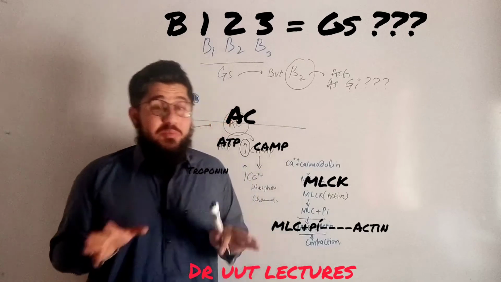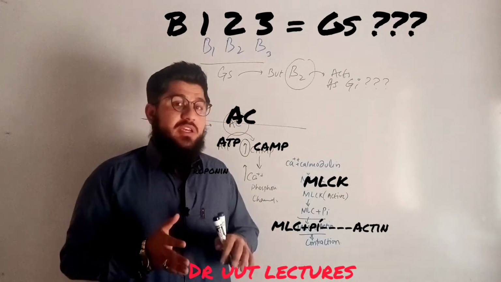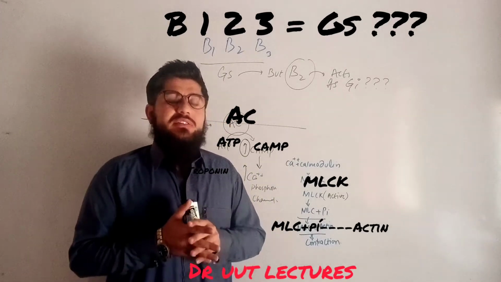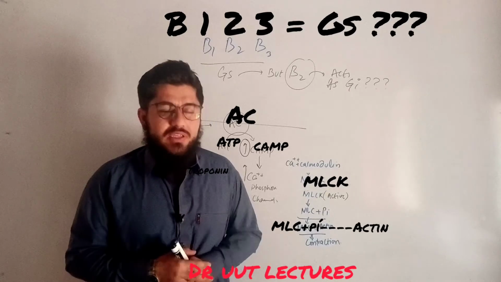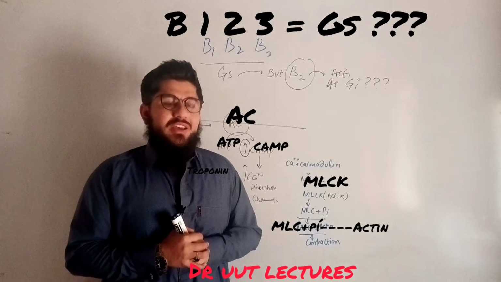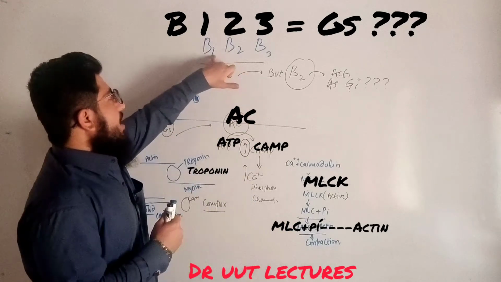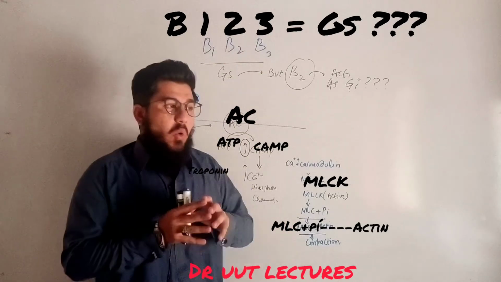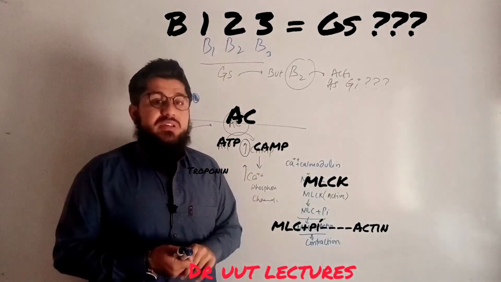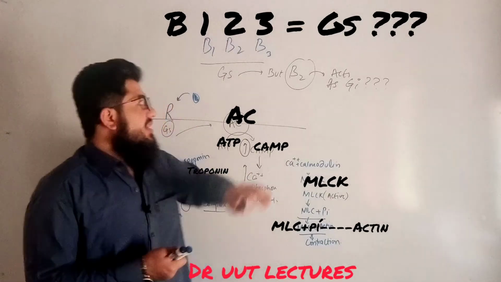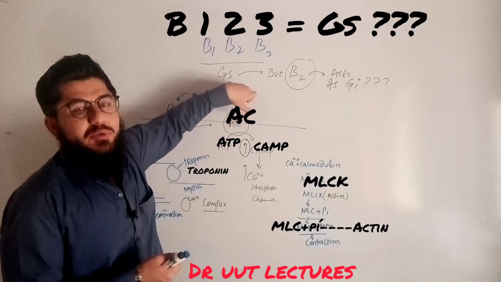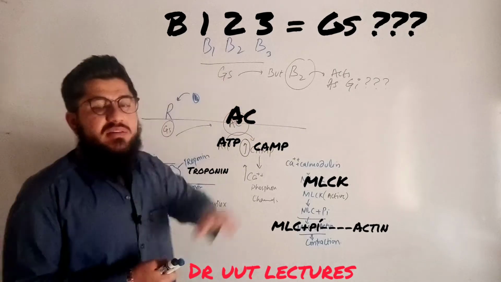One of the very simple and interesting concepts that is actually disturbing every single medico. Now, what is that concept? Coming to the point, beta 1, beta 2, beta 3, all these three receptors have a very interesting receptor protein that is GS coupled.